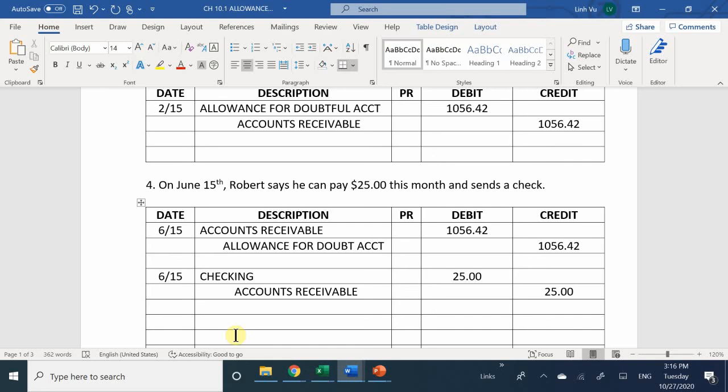Oh, okay. I get it. Now the difference between accounts and notes is interest. Notes, I have to pay you interest for this plan. Accounts, there is no interest.